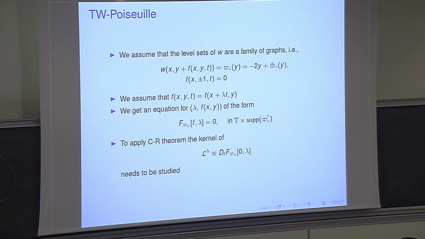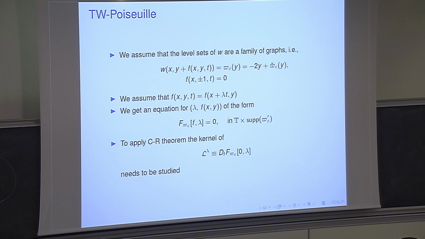It is here just to make clear that if we take f equal to 0 and ω tilde equal to 0, then you work with the Poiseuille flow. And if f is very small and ω tilde is very small, you are close to the Poiseuille flow. This is the idea.